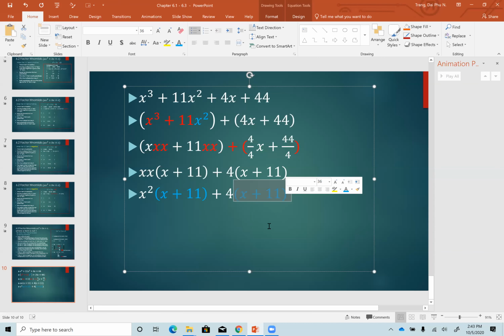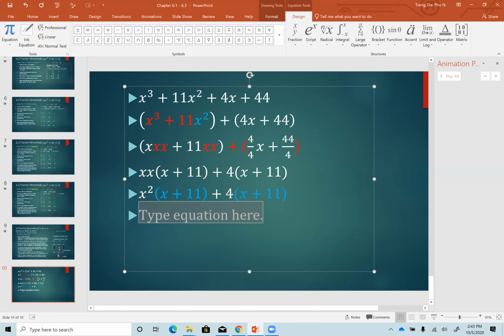Just kidding, but look at this thing here. At this step, your goal is that the things inside your parentheses have to be the same. And if they are the same, all you need to do is take that parenthesis out. Everybody see that I took out my parenthesis?